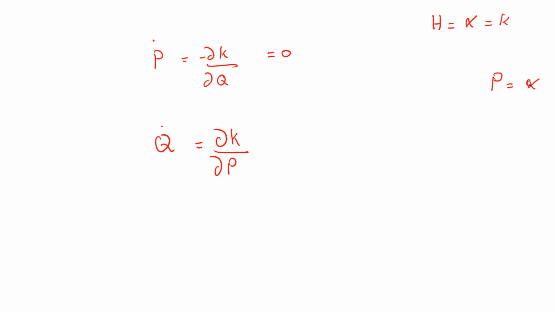So P is the new conjugate momenta, which is a constant alpha. So K is also alpha, P is also alpha. So dx by dx will be what? It will just be 1, right? So it will just be 1.